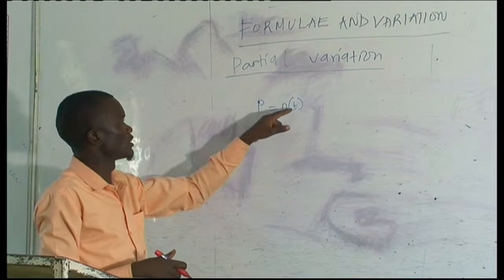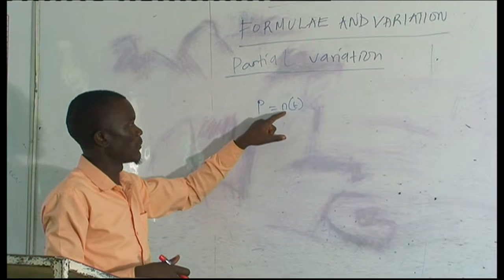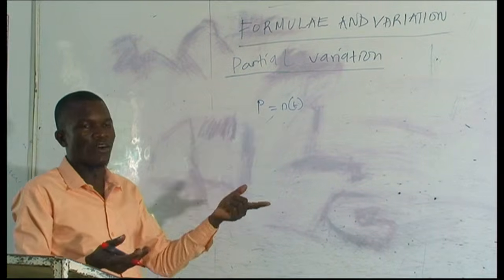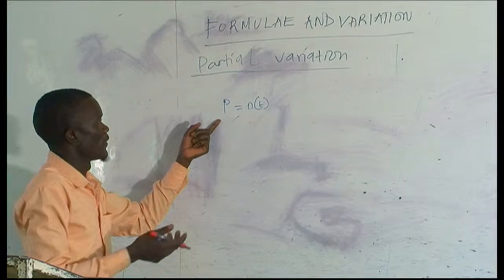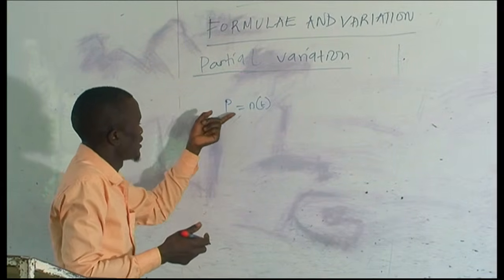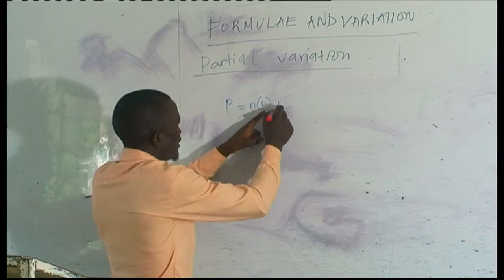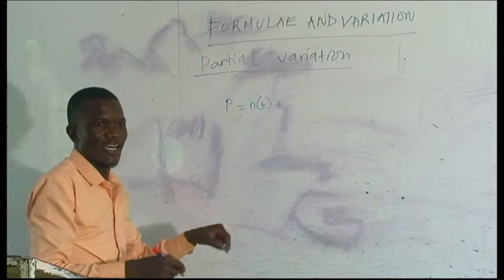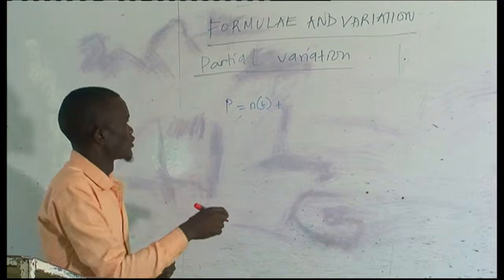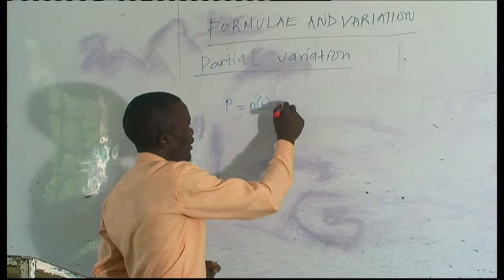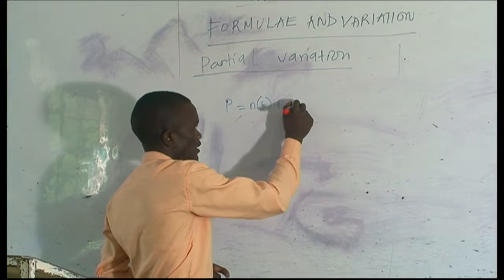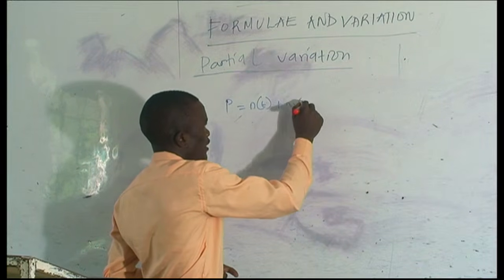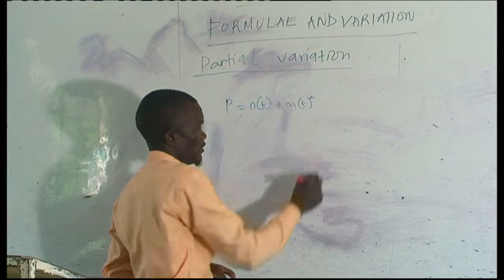So when you increase this t, you multiply by this n, and the value of p changes. Then p varies partly as t and partly as the square of t, so again we need another coefficient for t squared.